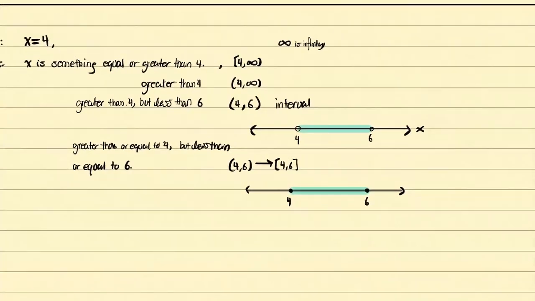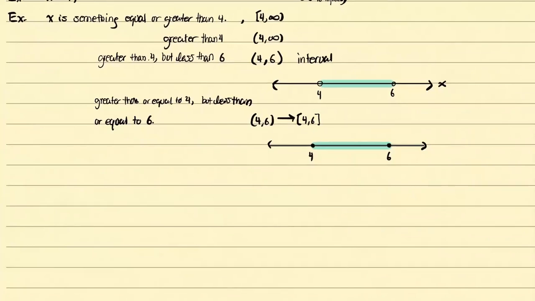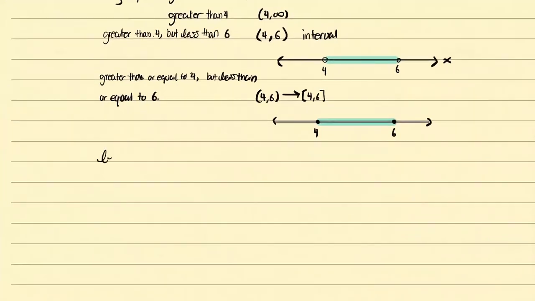So notice this describes a single interval, but now let me see if I can split it up a bit. I'm going to say less than or equal to 4, but greater than 6. So let's draw this on a number line.